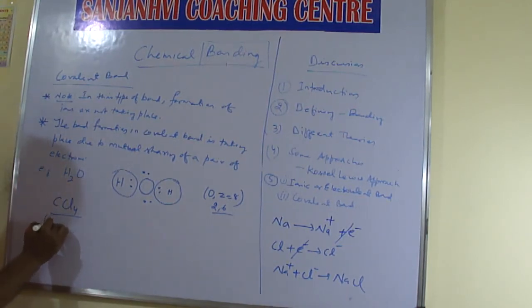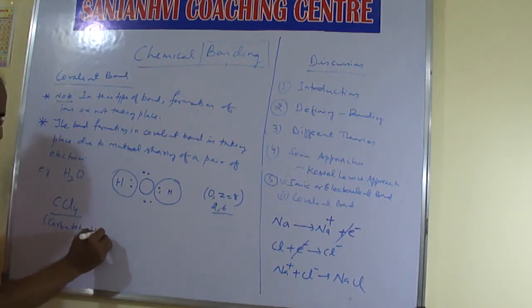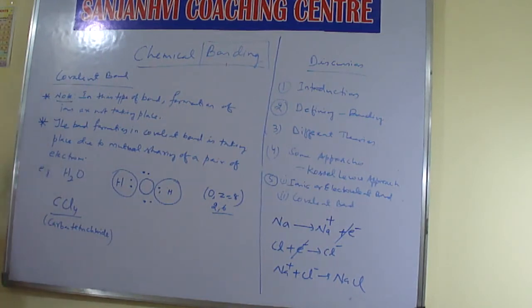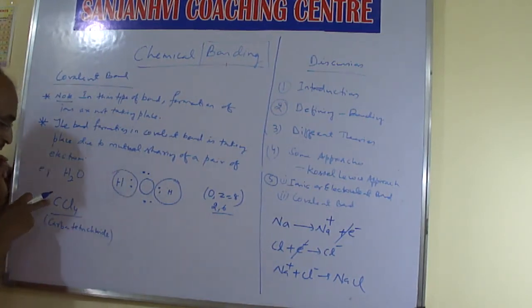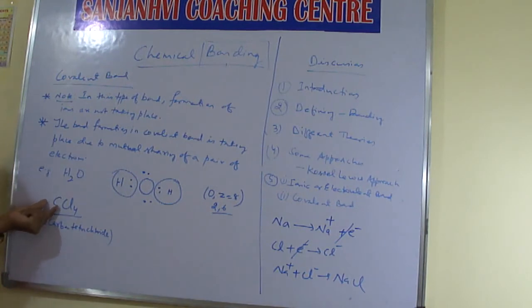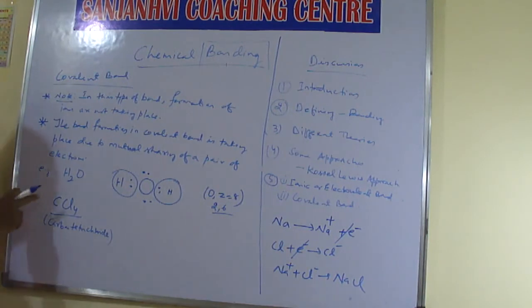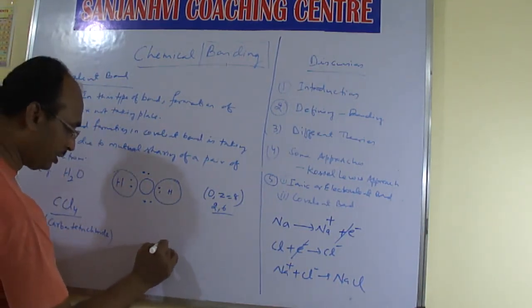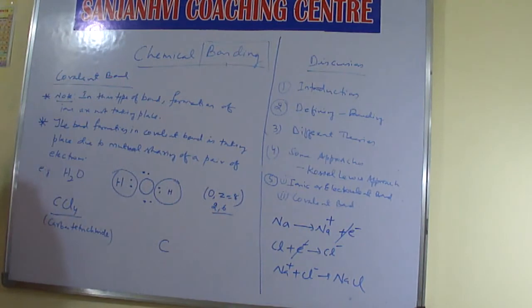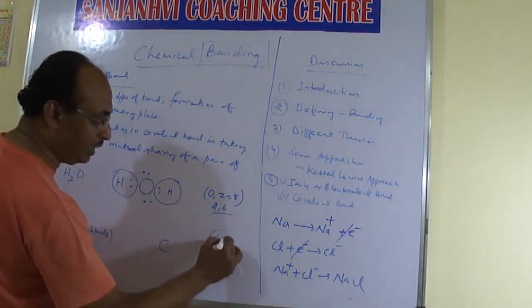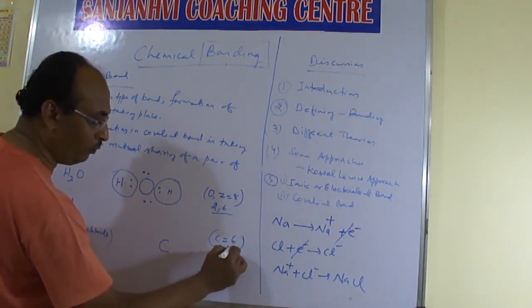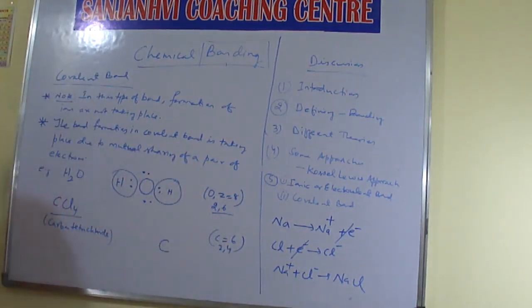Here the carbon, the electropositive one, we keep in the center. Carbon, with Z equal to 6, has electronic configuration 2 and 4, so only 4 valence electrons.